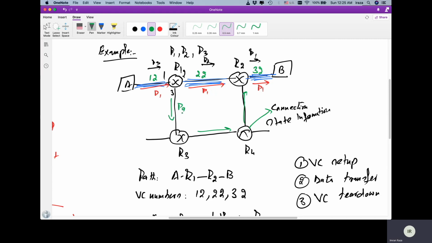And similarly, if there is another path between, say, R3 and R2, let's assume that packet 3 is taking this path to reach. So each packet can take an independent path to reach the destination.